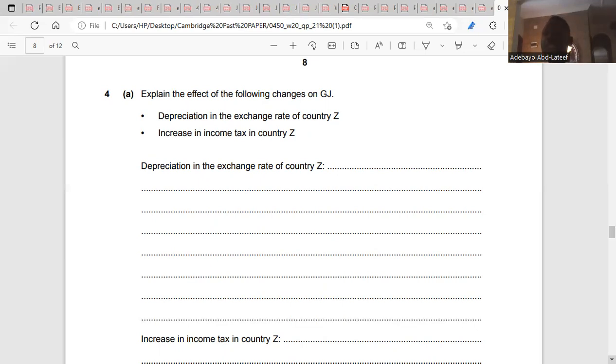Which might mean that they want to help businesses to grow. Do you get the point here? The advantage about increase in income tax is that the revenue for government will increase. And if revenue for government increases, government might support businesses, which means they might subsidize, reducing the cost of production for businesses such as GJ. Is it clear? Very clear.